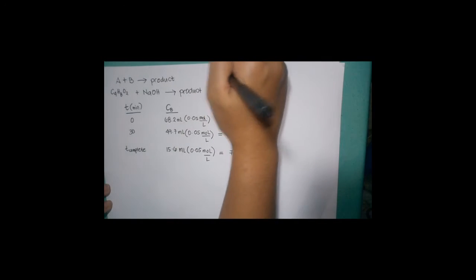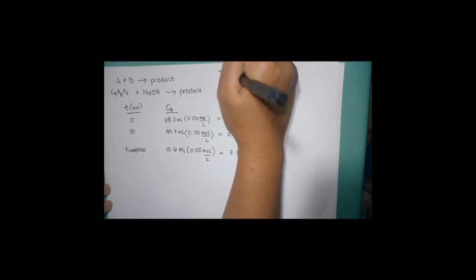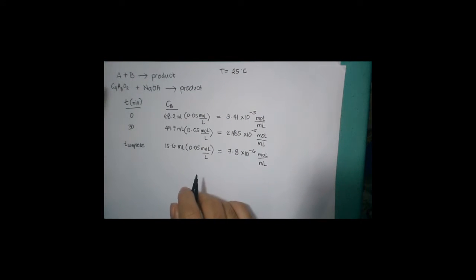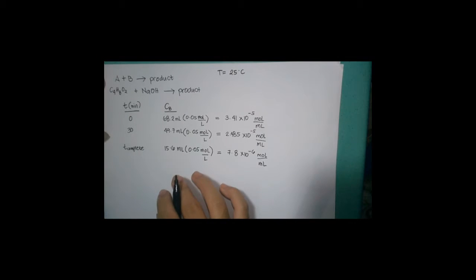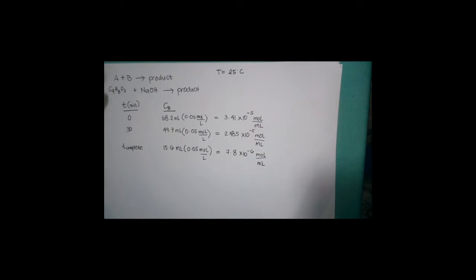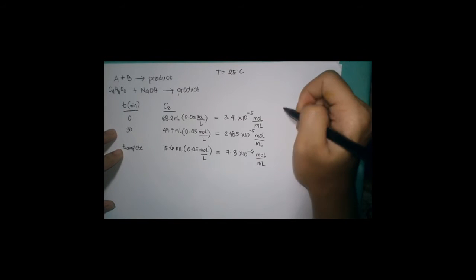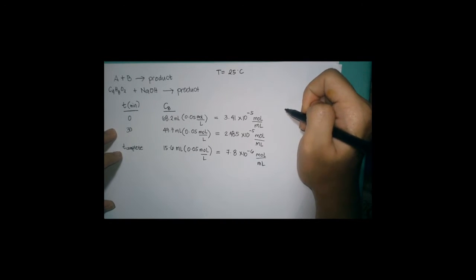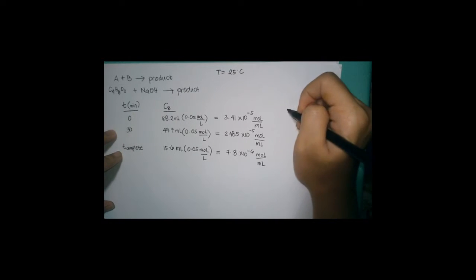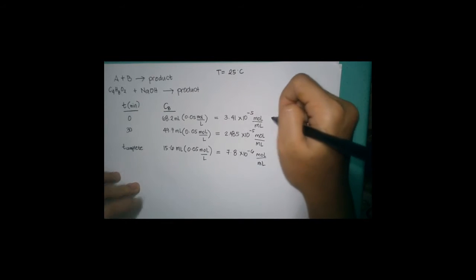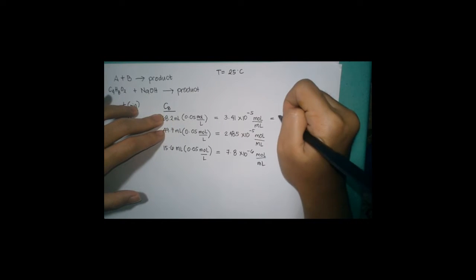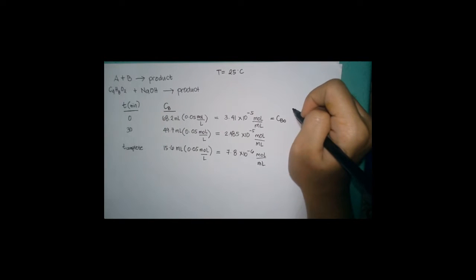We also have a temperature of 25 degrees Celsius. So in order to solve this kind of reaction, which is a second order reaction that is not reversible, we have to find CAO, and the first one will be CBO.